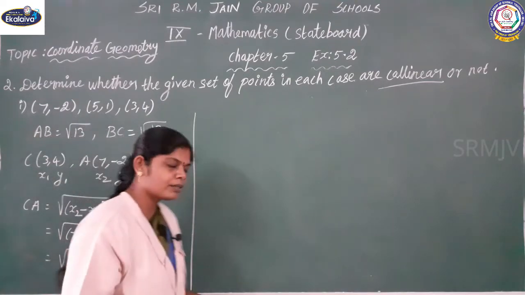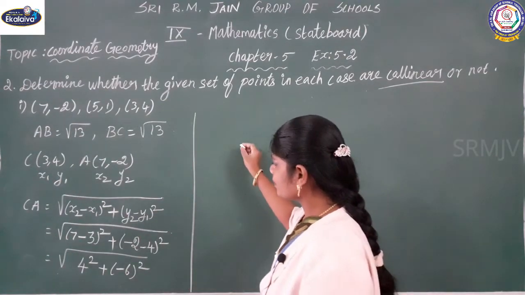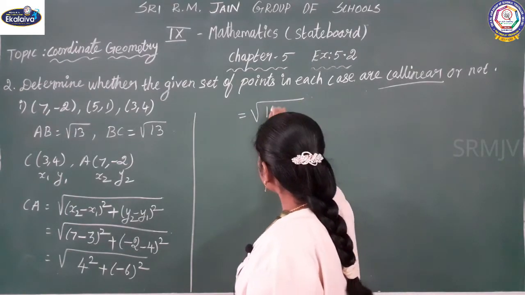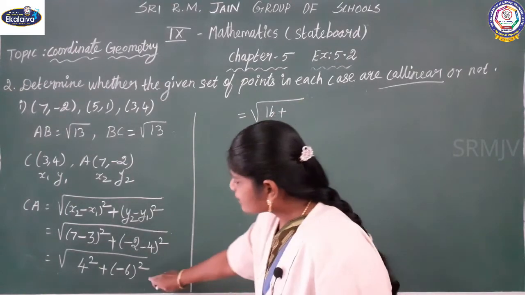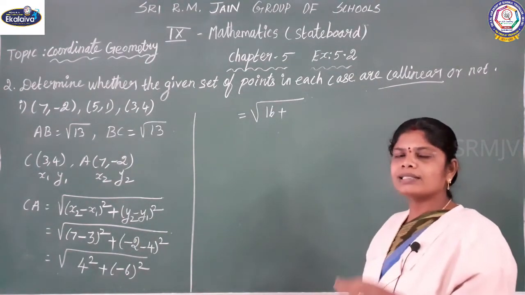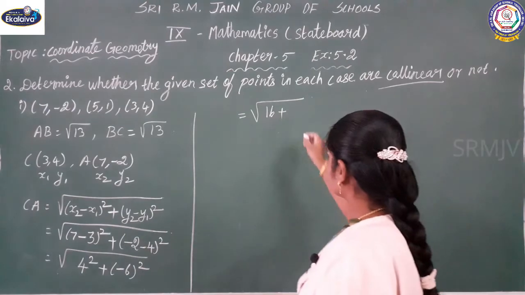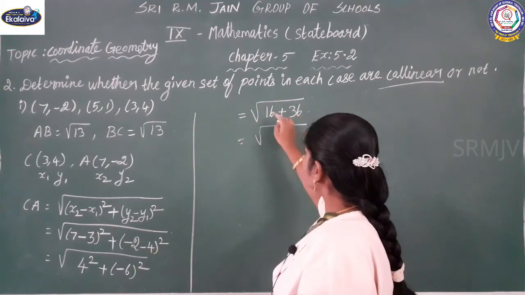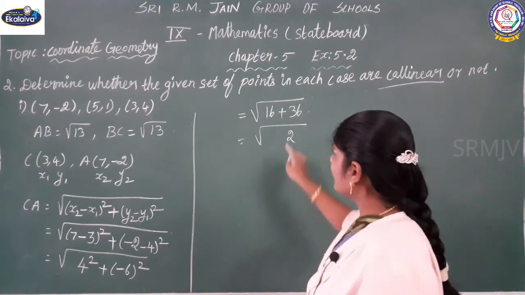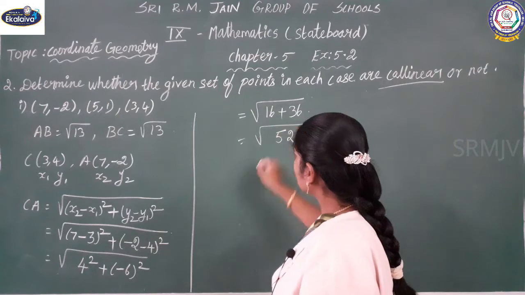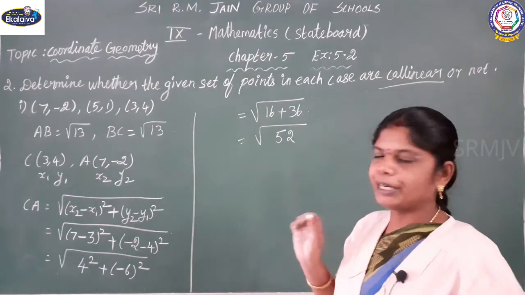Okay. Root of 4 square 16 plus 6 square, minus 6 the whole square, what will you get? Minus 6 into minus 6, you will get plus 36. Okay. So 16 plus 36 is 52. So root of 52. Okay.